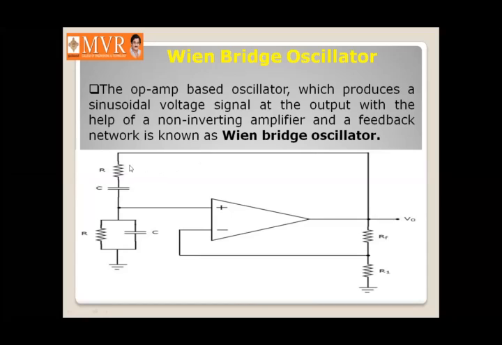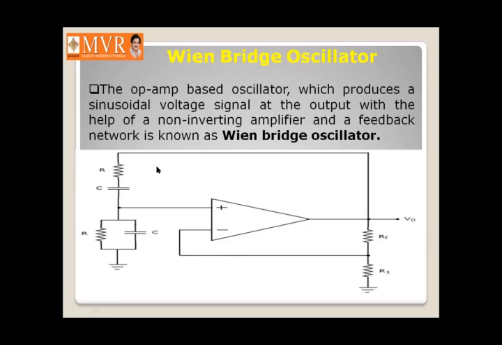So here you can see the circuit of the Wien bridge oscillator, in which this is the bridge circuit. In this bridge circuit, we have two different components, the resistor and the capacitor. In one arm, we have connected the resistor and capacitor in parallel, and in another arm, we have connected the resistor and capacitor in series.